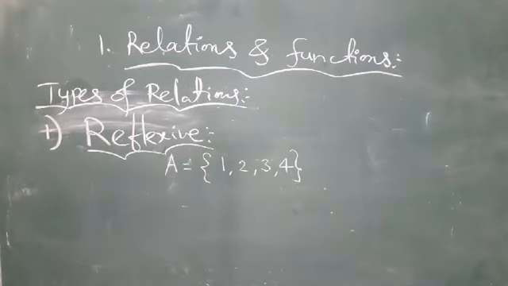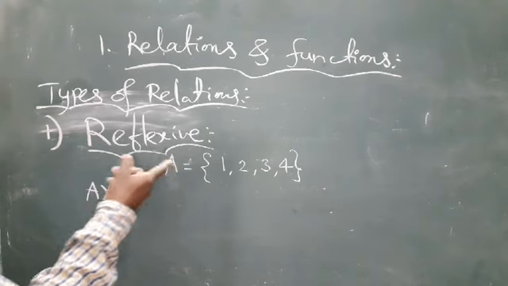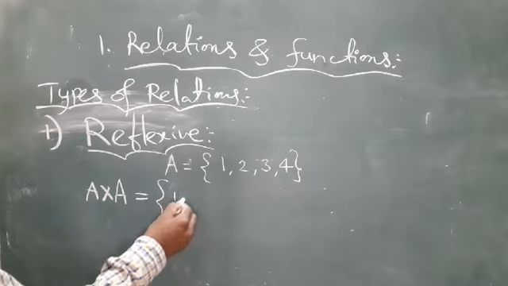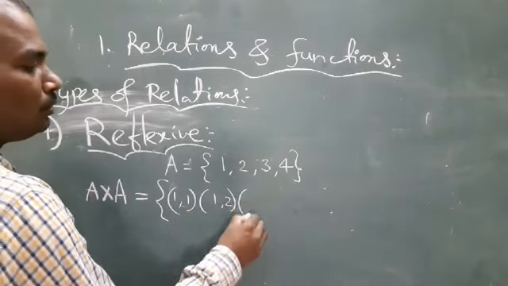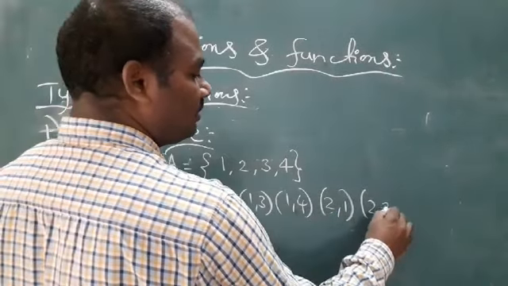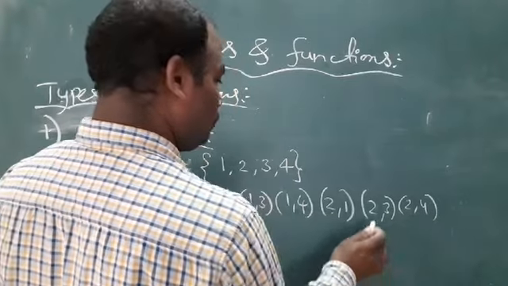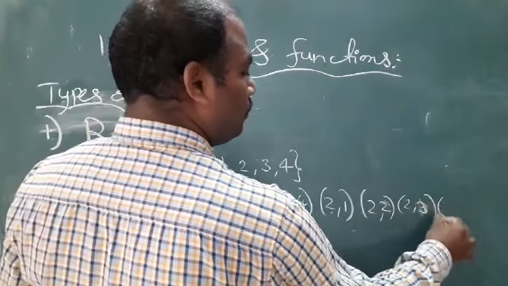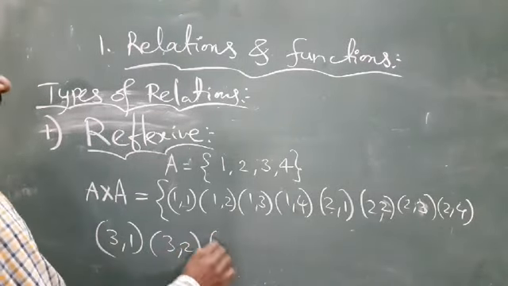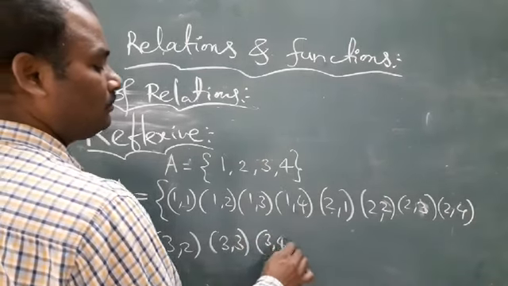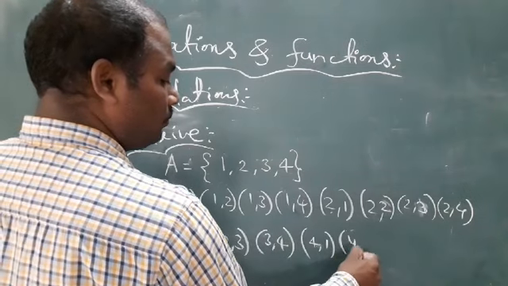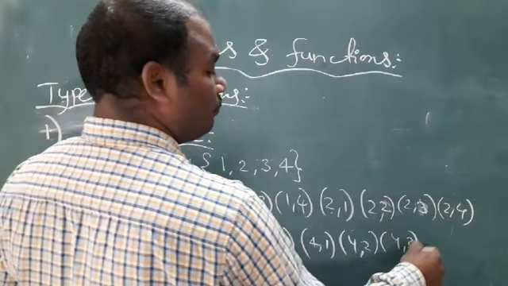You can create only one set, so A cross A. Tell me: (1,1), (1,2), (1,3), (1,4), (2,1), (2,2), (2,3), (2,4), (3,1), (3,2), (3,3), (3,4), (4,1), (4,2), (4,3), (4,4).